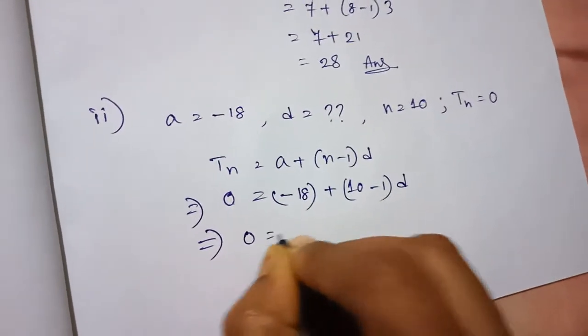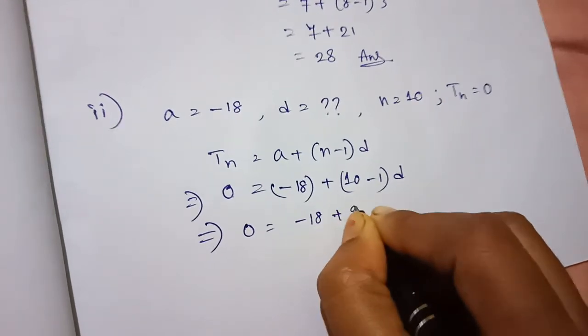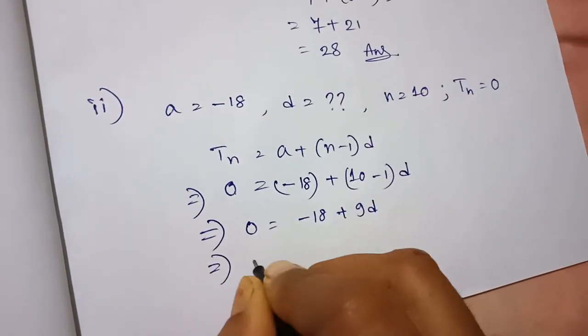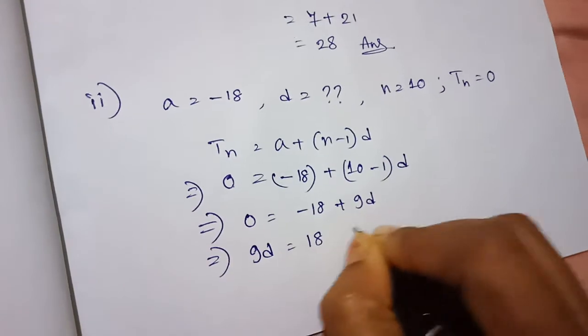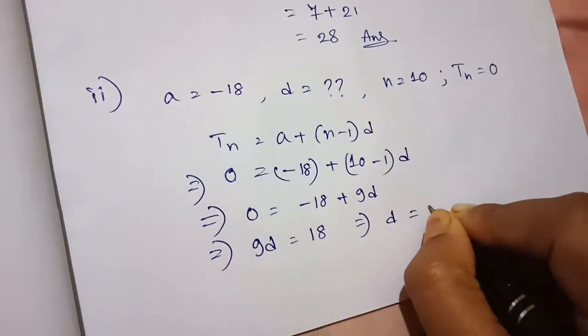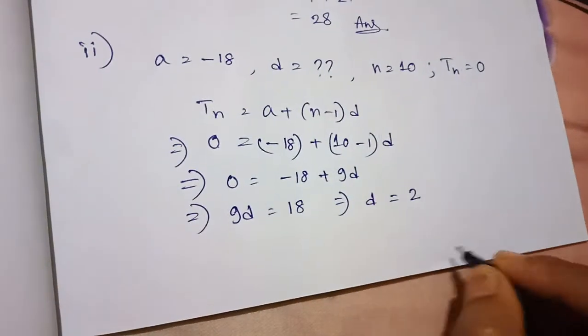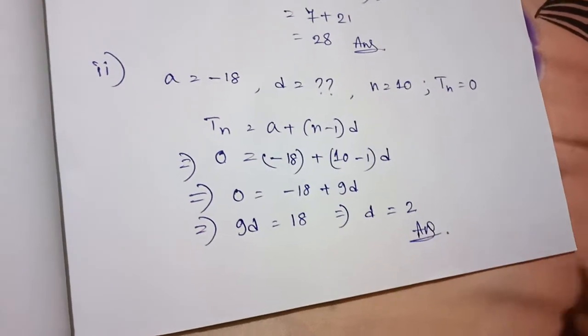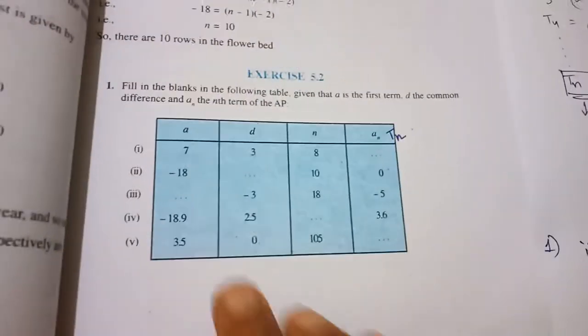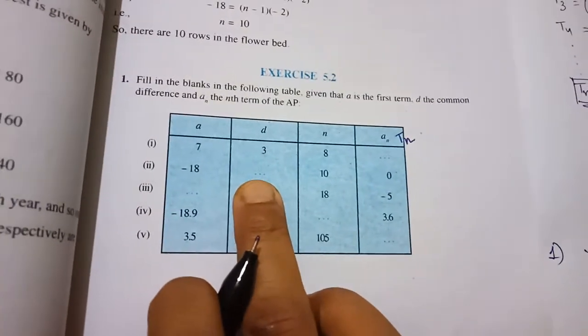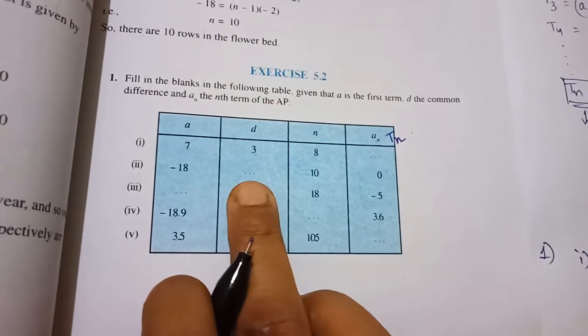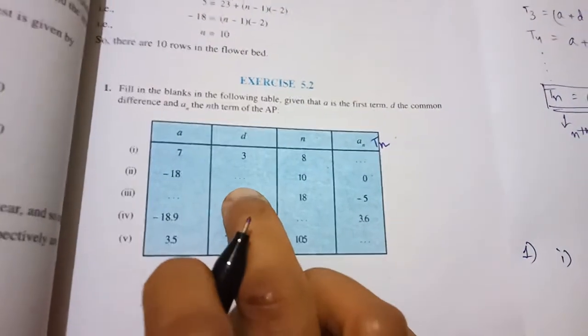So 0 equals minus 18 plus 9D. It means 9D equals 18. From this we conclude D equals 2. So D's value is 2 and that's the answer, and you put D equals 2 in the blank in the table.